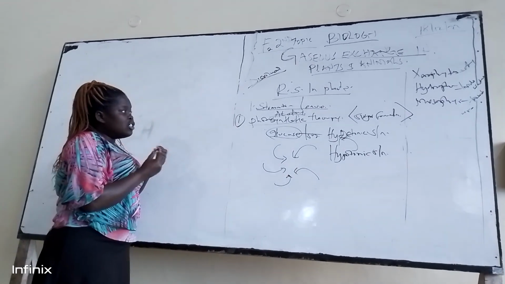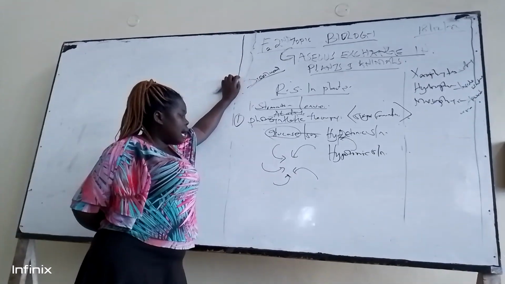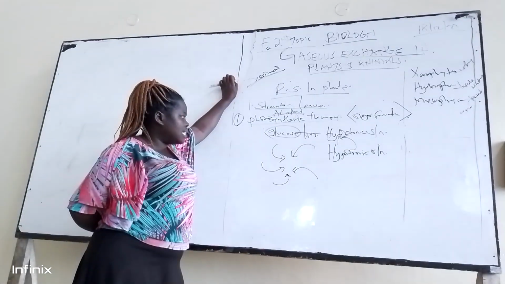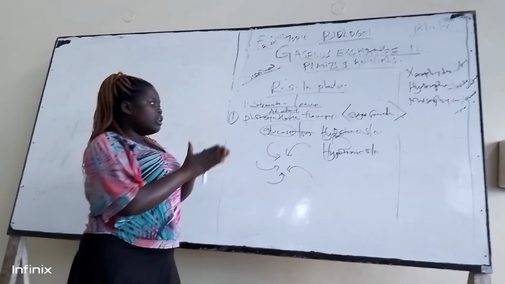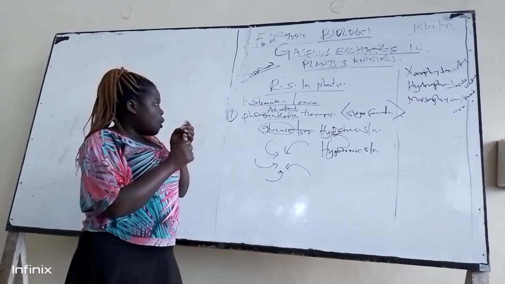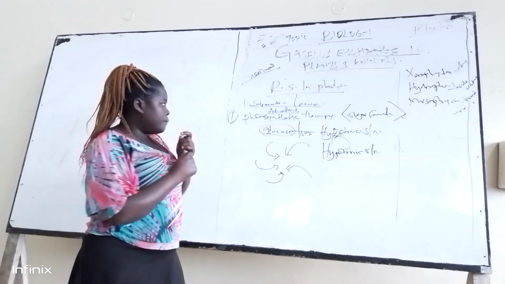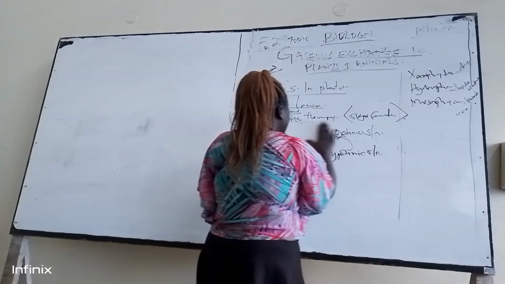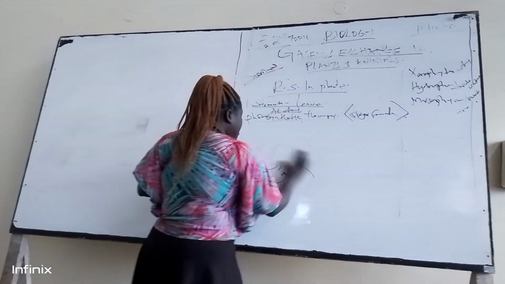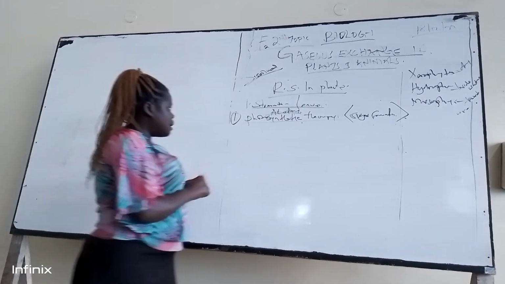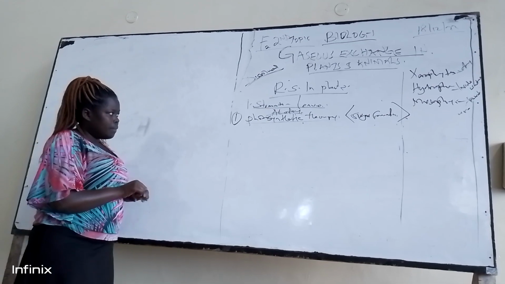After this, the guard cell will swell and become turgid. Then the opening will open outward. That is the opening of the stomata at daytime according to the photosynthetic theory.